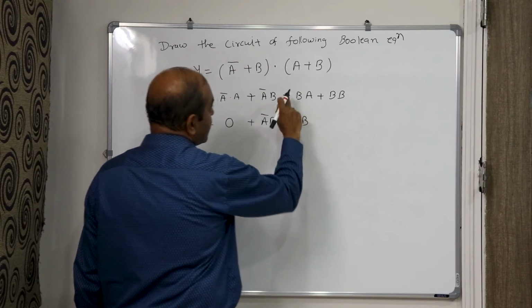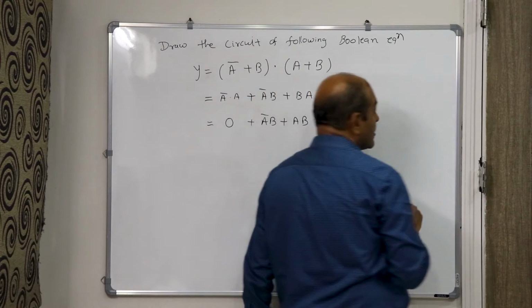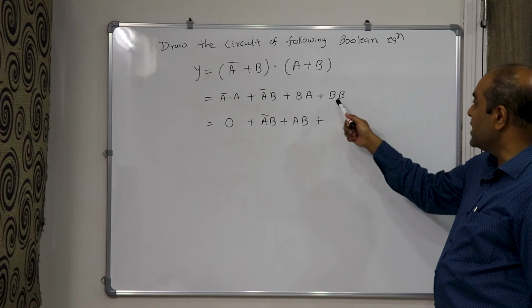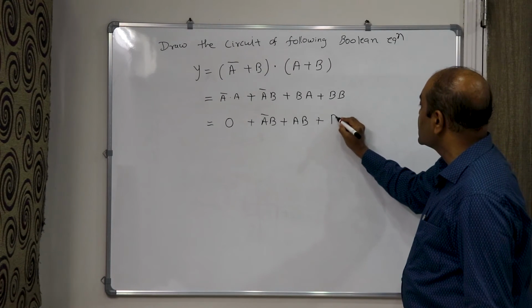You can say that B A equals A B. Yes, B dot B: if B is 0, 0 dot 0 is 0; if B is 1, 1 dot 1 is 1. So it is B.